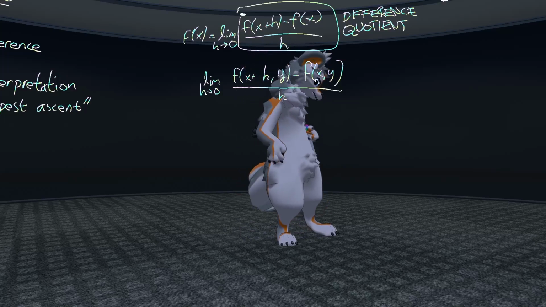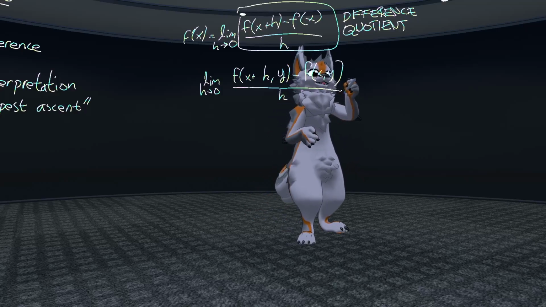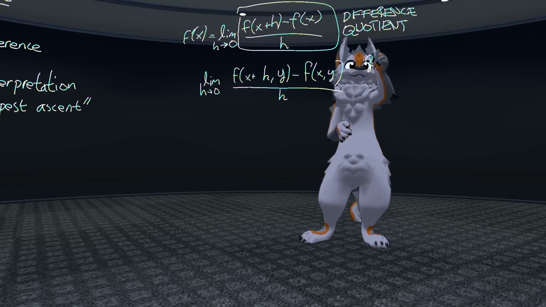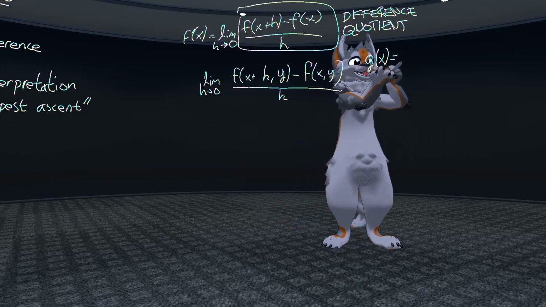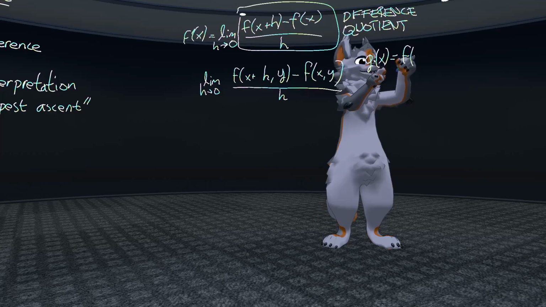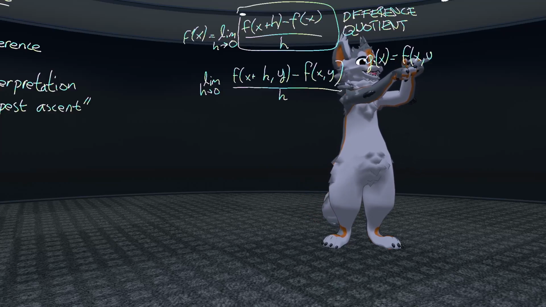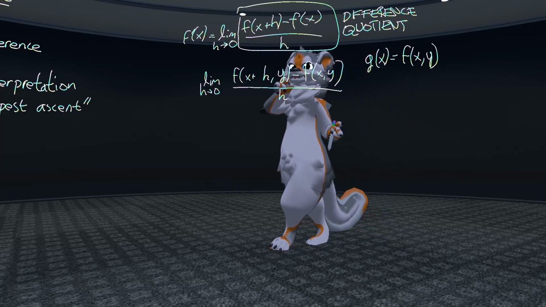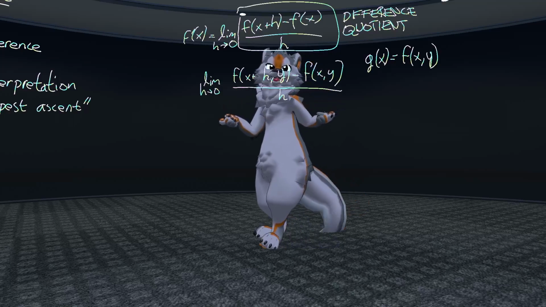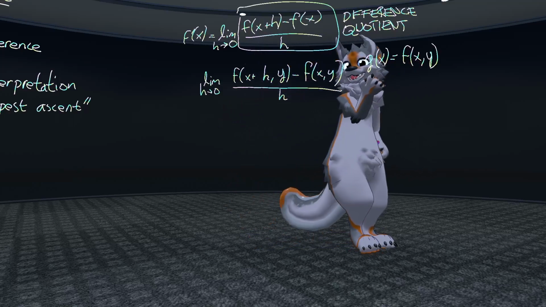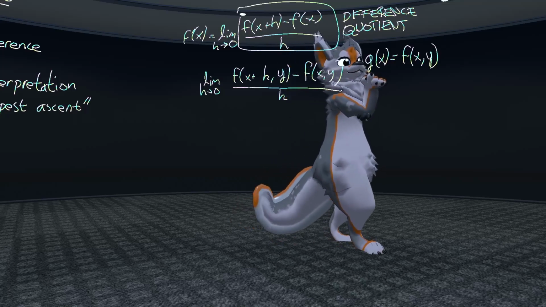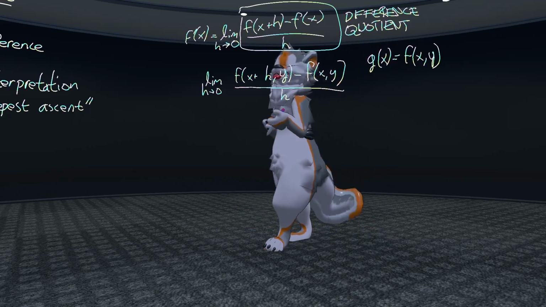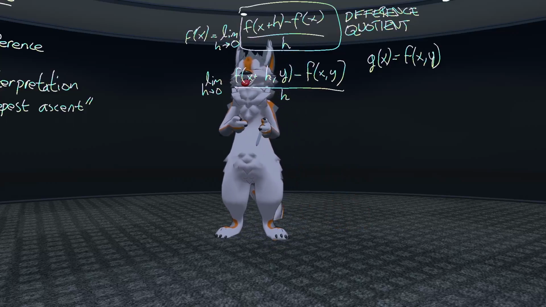Well, if we define the function g of x, and y is just some fixed number, we can define g of x as we plug in the x to f, and y is just some constant, the y coordinate for the point where we compute the derivative. With this new definition, this is actually just the derivative of g at the point x.